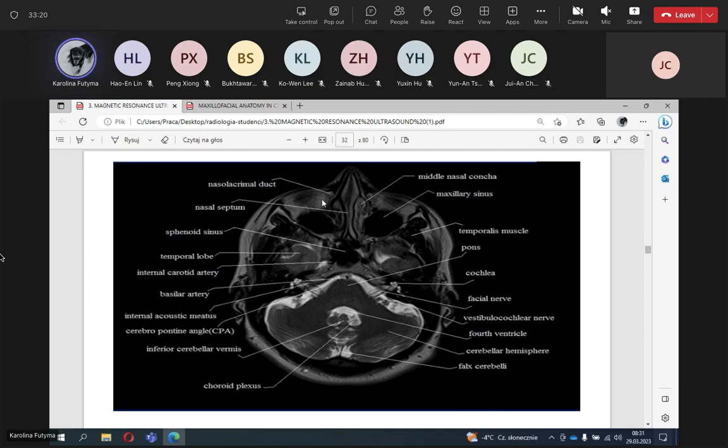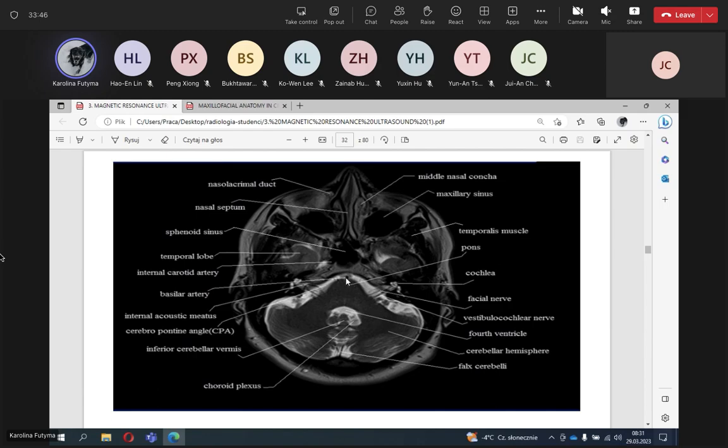Okay, next we are a little bit higher in the patient. Here we have again the middle nasal concha. Here we have the nasolacrimal duct, both sides, of course. The sphenoid sinus is quite well visible here as a hyperintense area. What more?